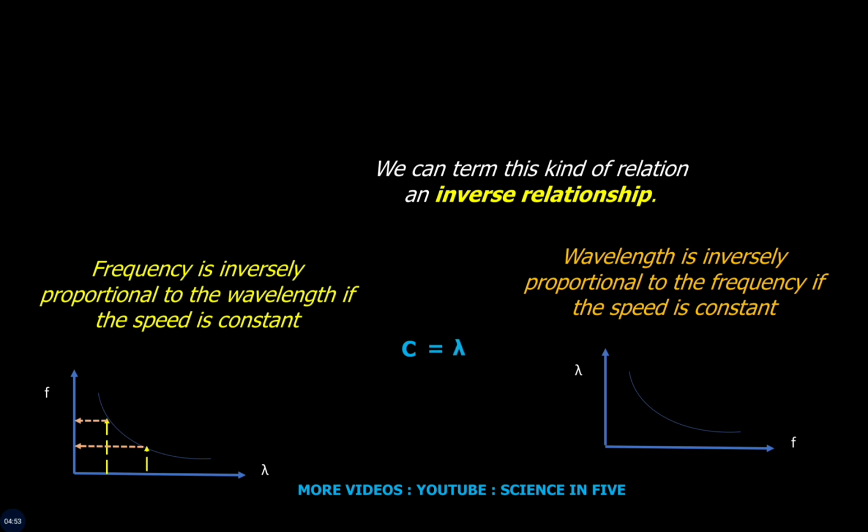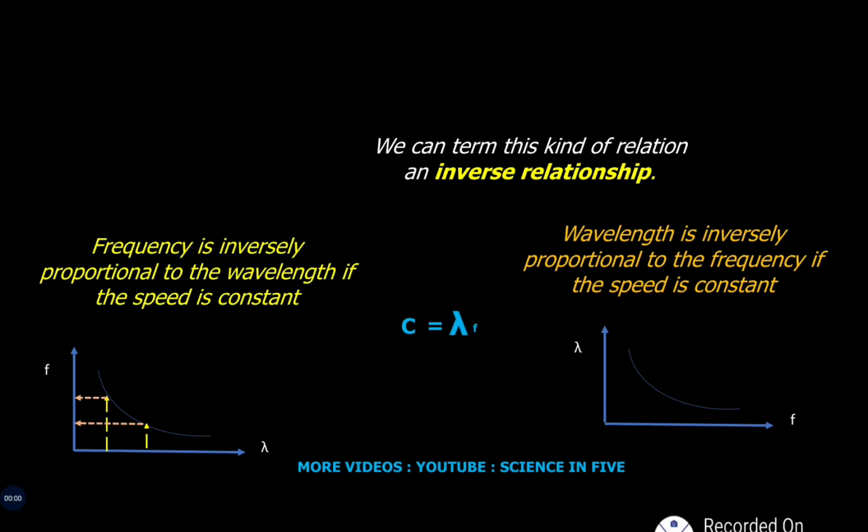This can also be represented in the formula c = λf. The c is constant. If λ increases, f decreases. And if λ decreases, f increases. That's an inverse relationship.